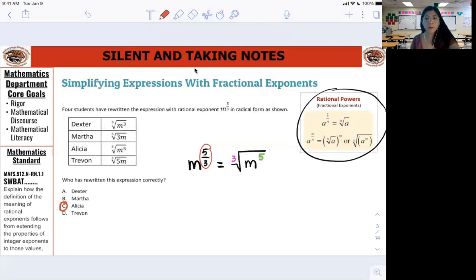Those numbers are exponents. So they're going to stay exponents. This is going to be an exponent, not a coefficient. So that number always, it's inside, it's with the m on the inside, but it's going to be an exponent. So Martha and Trevon didn't quite understand how to do this correctly. Any questions on this one?